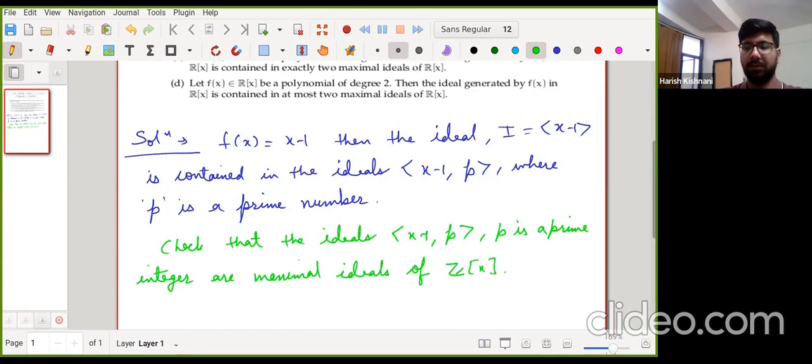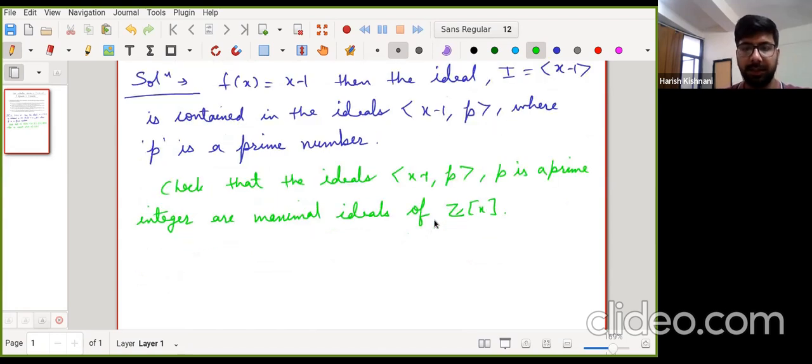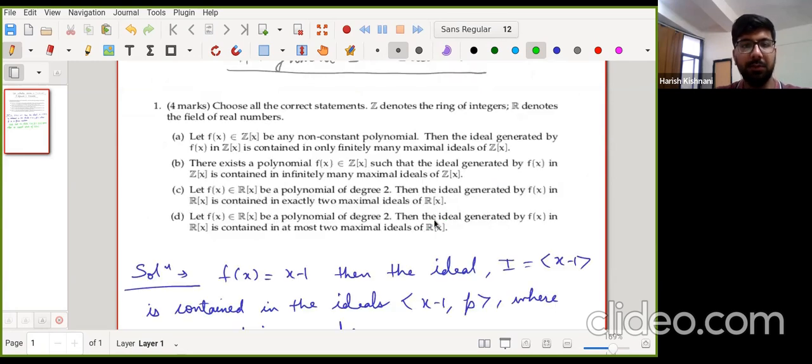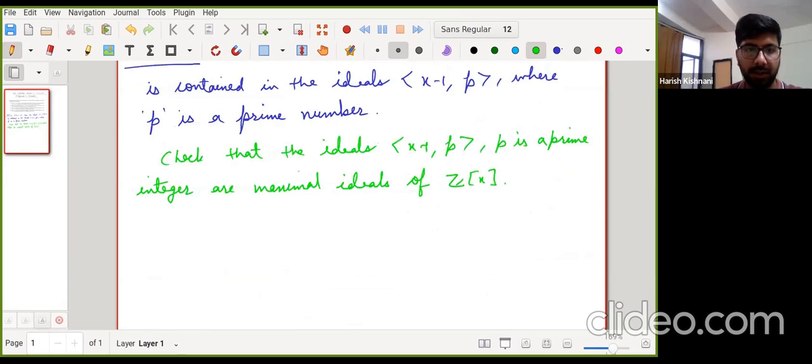And so you have infinitely many ideals which contain the ideal generated by this polynomial x - 1. Thus the statement A is false and B is true. Okay, so this implies A is false and B is true.